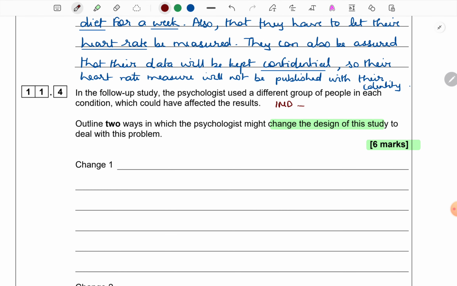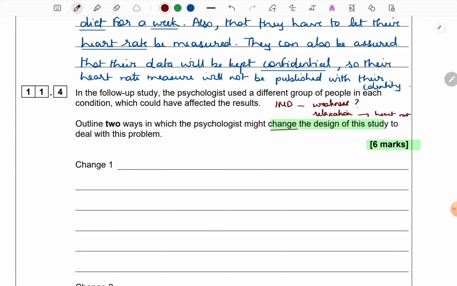It has certain weaknesses. Whenever they ask us to improve anything, change anything, we first have to identify what the weaknesses are and then think of possible solutions. When it comes to independent measures design, the study is about relaxation which has been operationalized as heart rate.